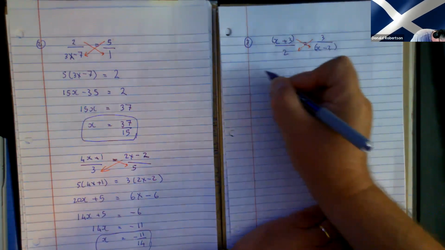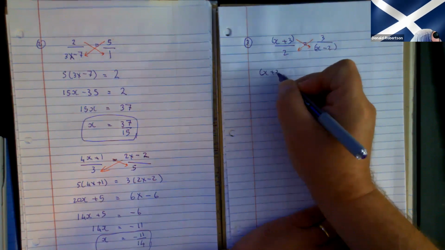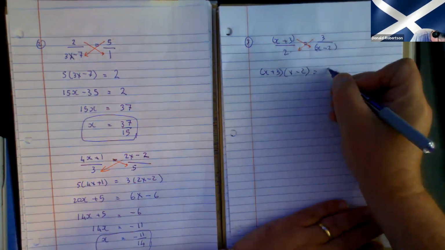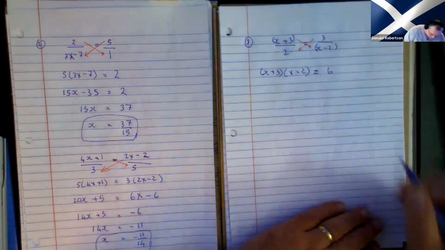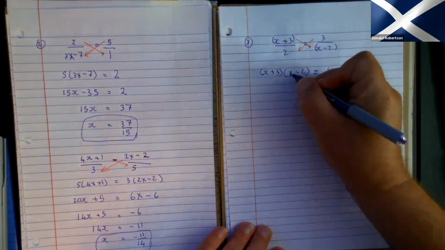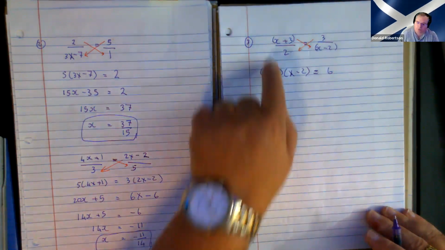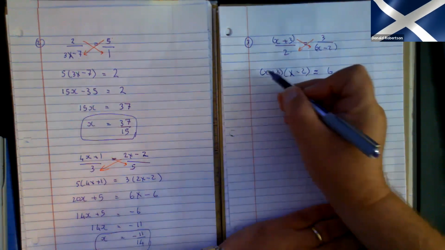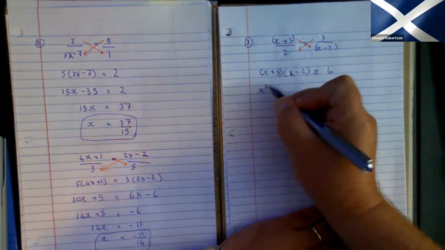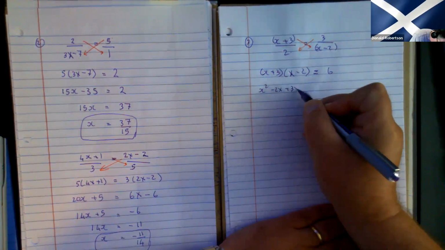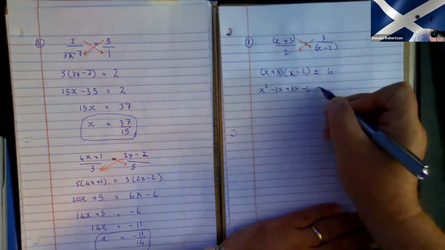You're going to multiply these two together, and then multiply these two together and you get 6. So the cross multiplication process has gotten rid of the fractions that were originally here and we've translated it into this format. So if we FOIL this, we get x squared take away 2x plus 3x take away 6 is equal to 6.